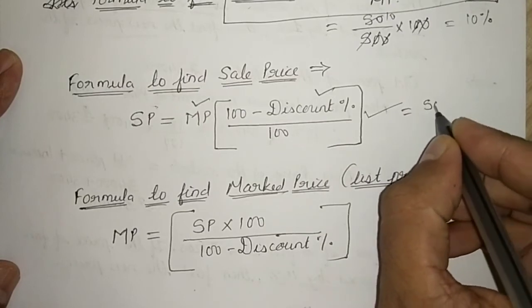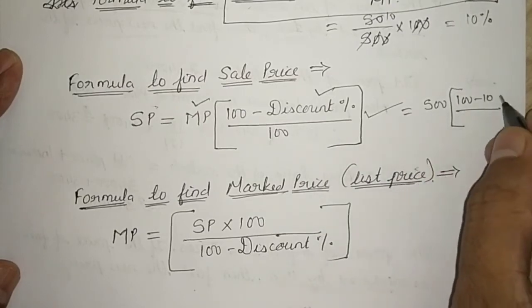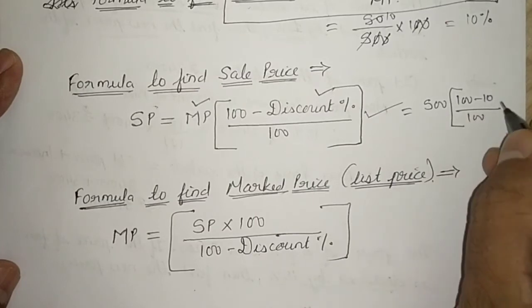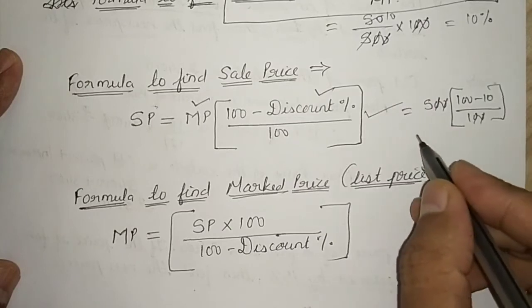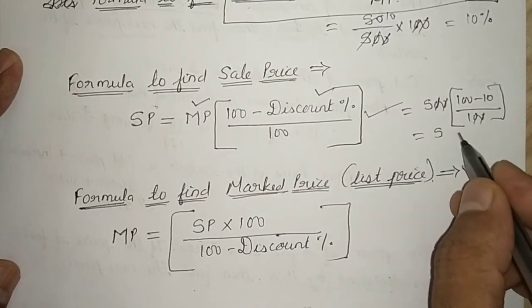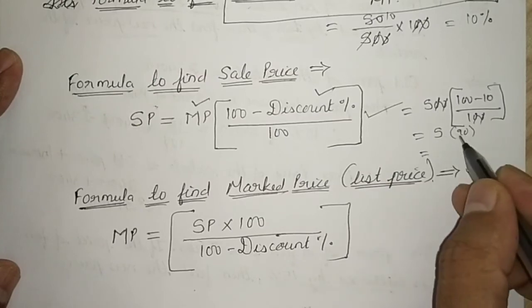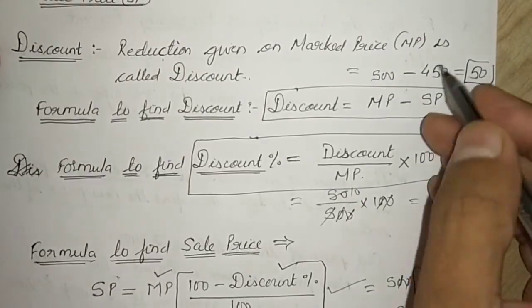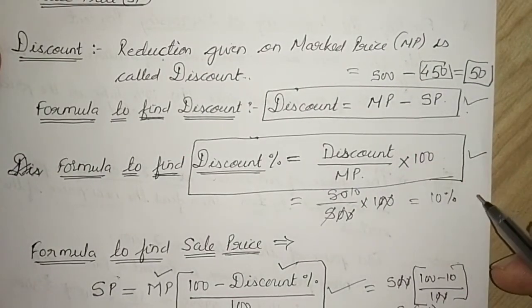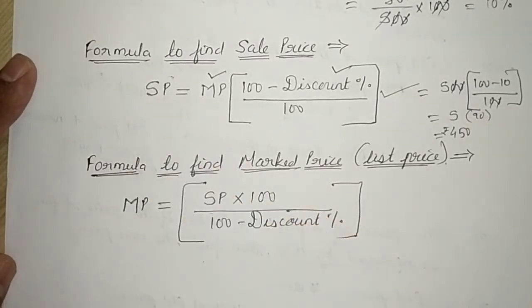The marked price was 500, 100 minus 10%, divided by 100. The 0 will cancel out. We will be left with 5 into 90. 9 5s are 45. 450. So the selling price is 450. This is how we can find the selling price.